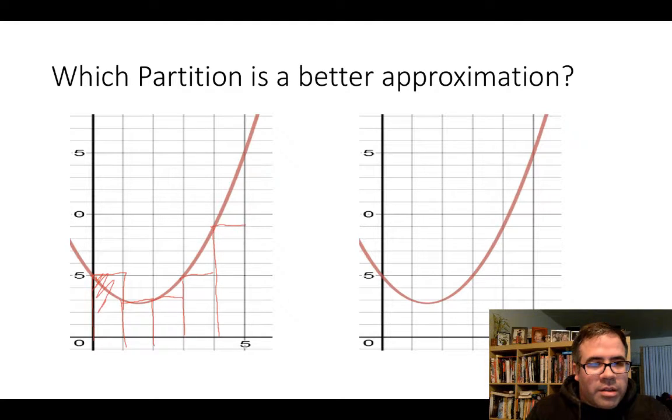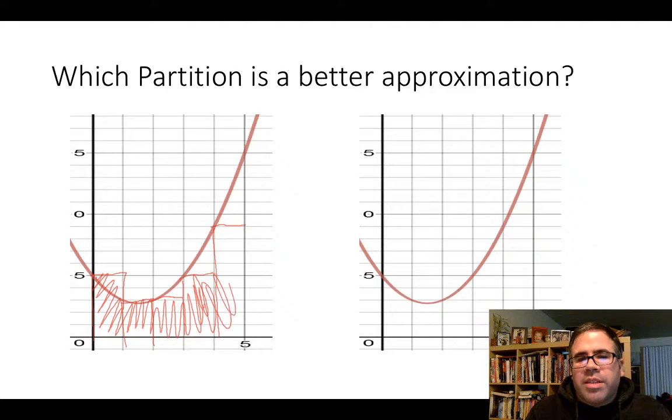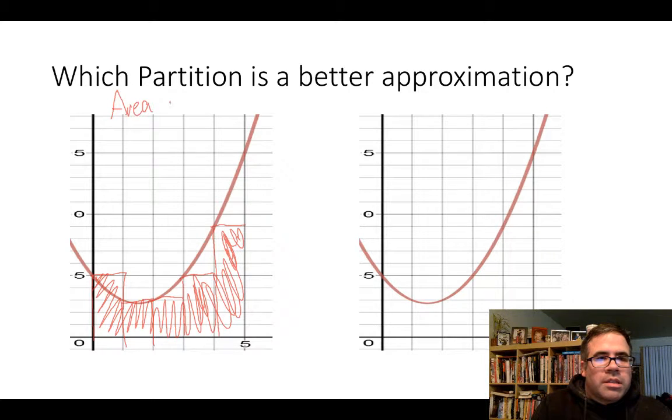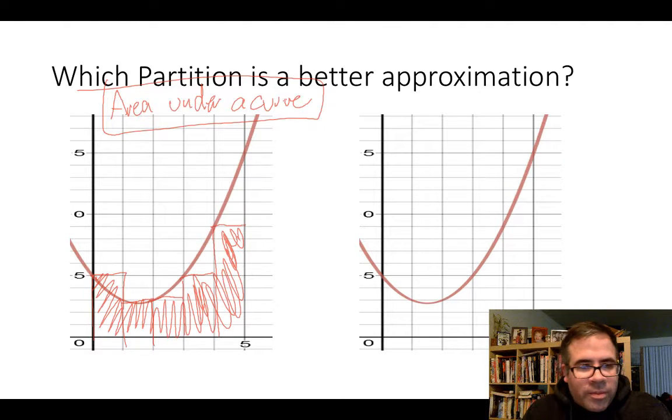This is our approximation for, in this case, since I haven't given a situation, just the area under a curve. You're going to be seeing this phrase a lot, the area under a curve, so get used to seeing it.